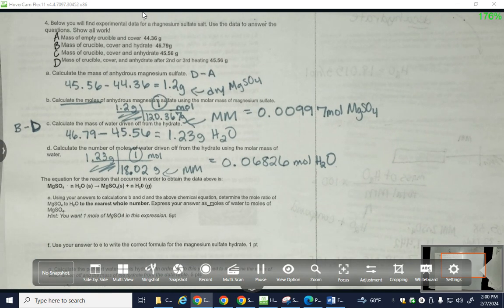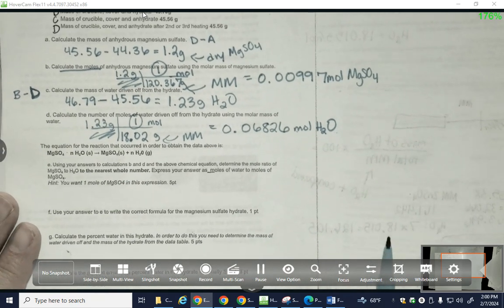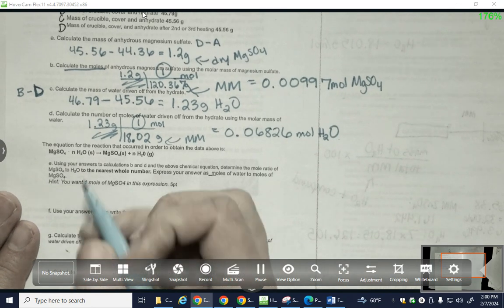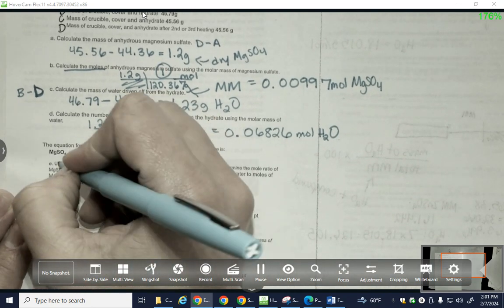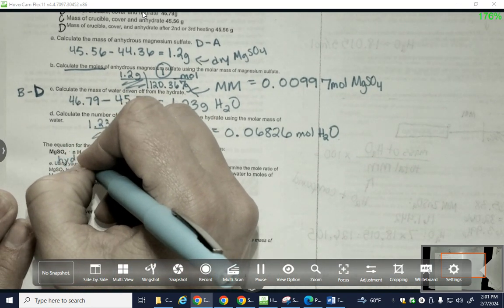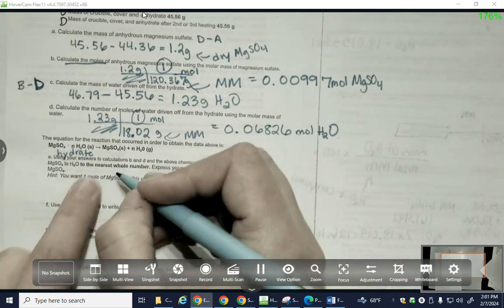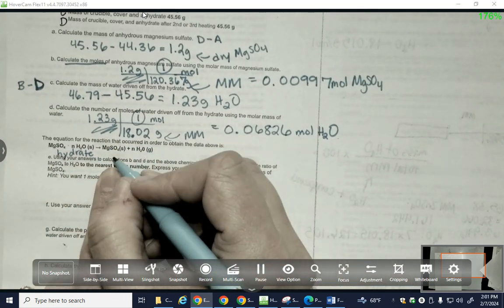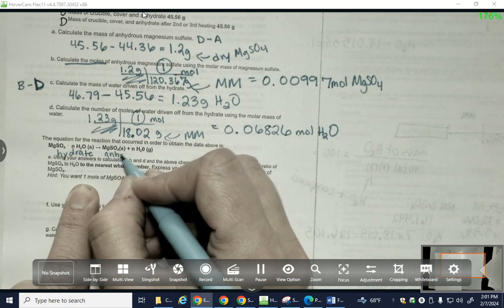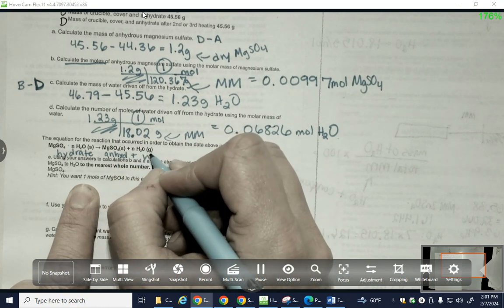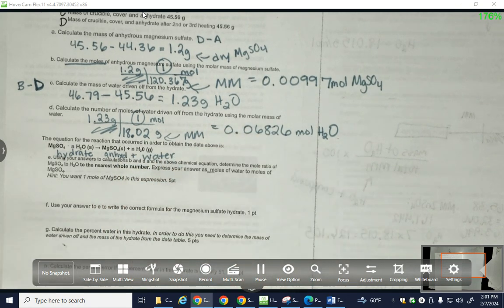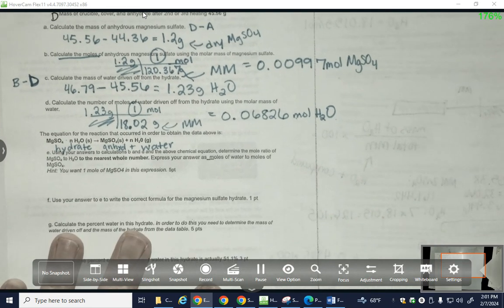Okay. So this right here. It says this is the equation that occurred in order for us to do that, right? So we had our hydrate. We heated it up. You don't have to write this part if you don't want to. We heated it up, and it left us with our anhydrate plus water. That's what this thing is saying, right? That's what the little equation is saying.